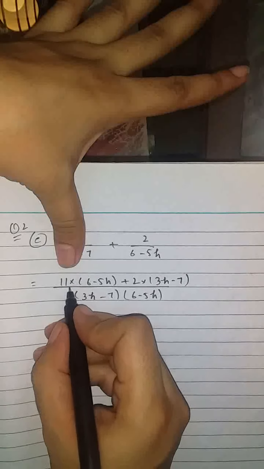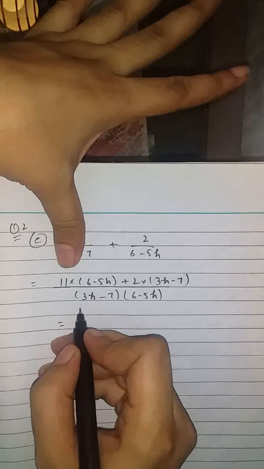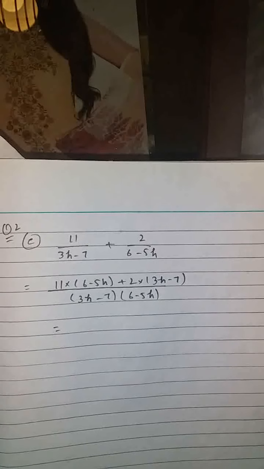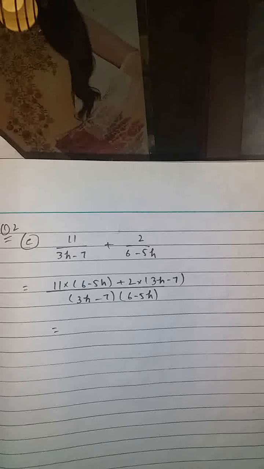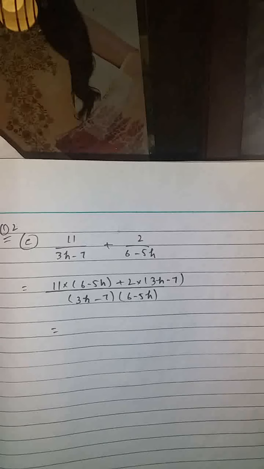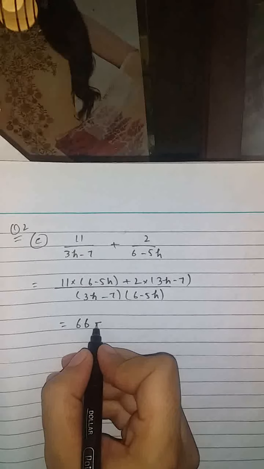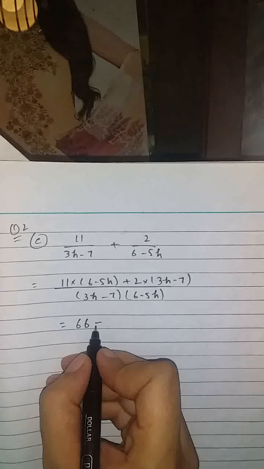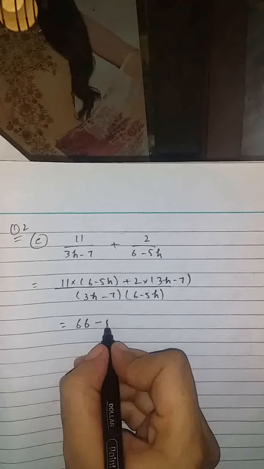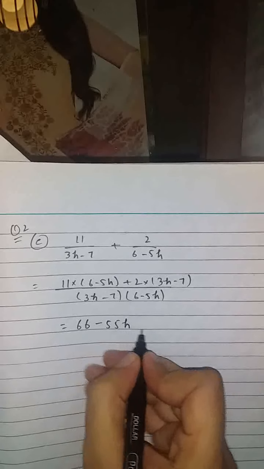Now we multiply 11 with 6, then 11 with 5. First 11 with 6, we get 66, minus, now 11 with 5, we get 55h.